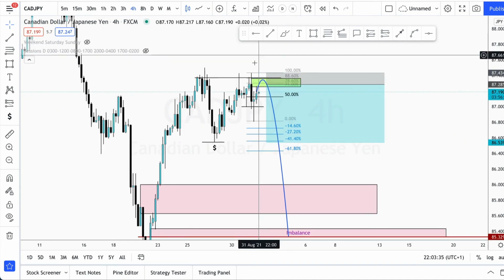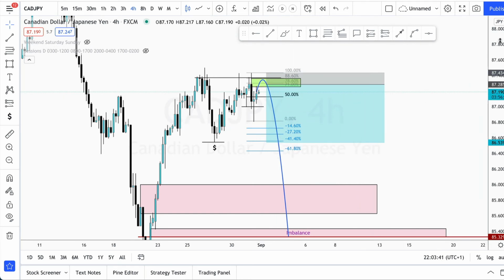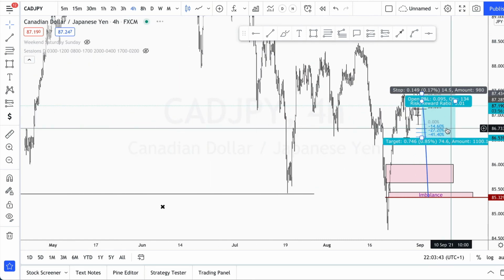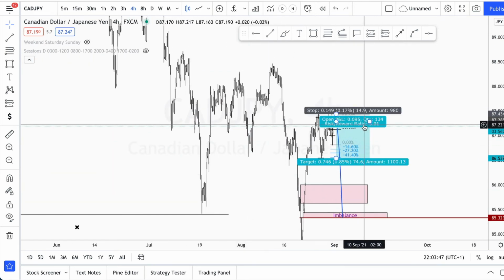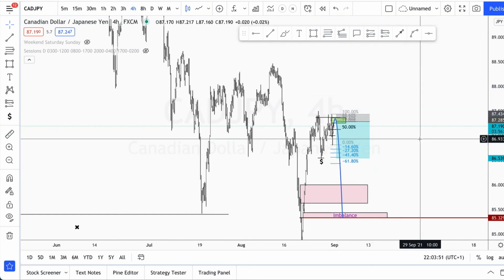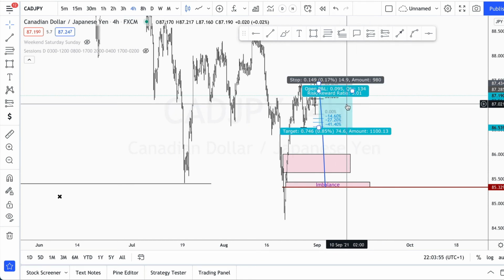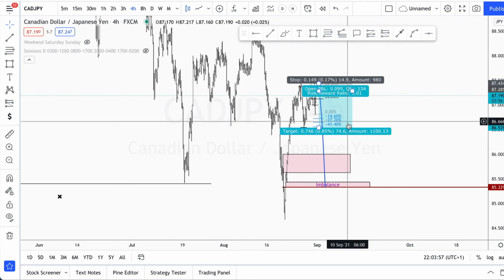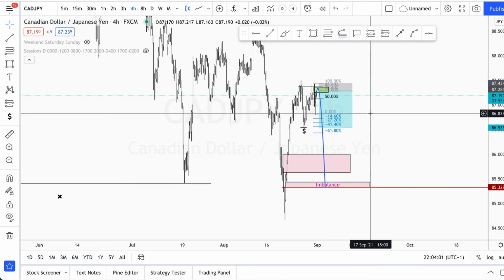So effectively, this is a reverse trend trade on the higher time frame, because we're going in a bearish direction. Price is now bullish, but I'm reasonably happy with that trade. We've got a 14.9 pip stop loss, 74.6 pip take profit.